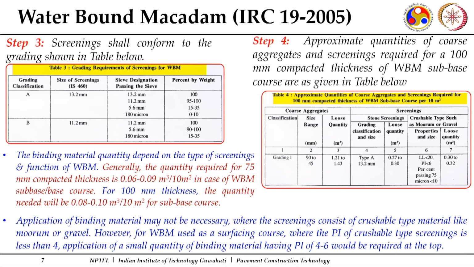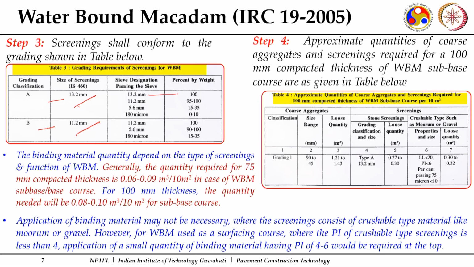Now, in the construction, once the coarse aggregates are laid and compacted, then screening materials are put over that coarse aggregate and again compacted. For the screening also, two sizes are recommended, grading A and grading B, where this is 13.2. For this 13.2, it specifically refers to the NMAS.